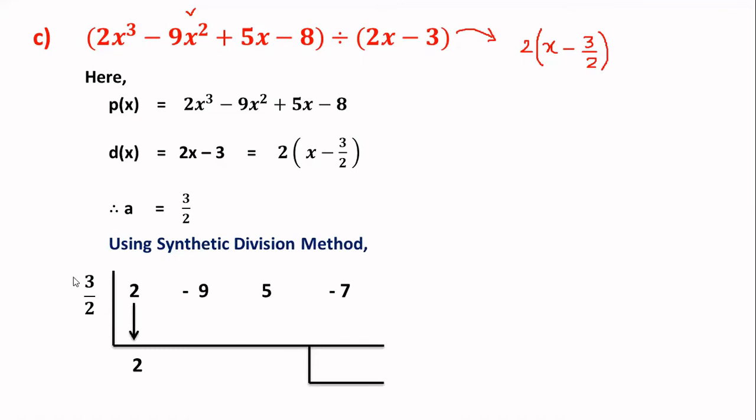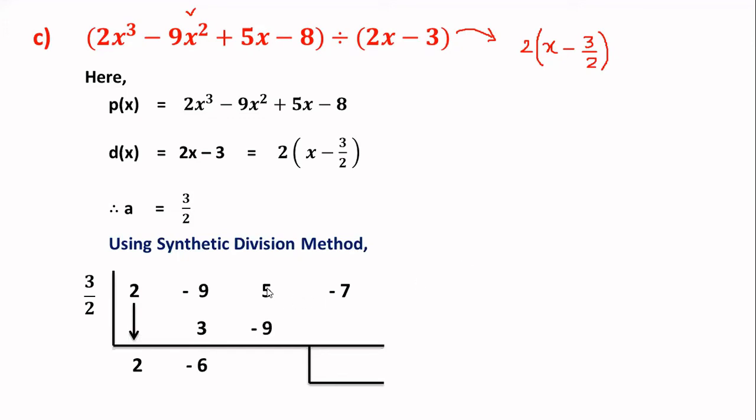When 3 by 2 and 2 multiply, the value will be 3, and that 3 is going to be written below minus 9. When we simplify minus 9 and plus 3, the value will be minus 6. After that, again we multiply this minus 6 and 3 by 2. When we do so, we get minus 9, and that minus 9 is going to be written below 5.